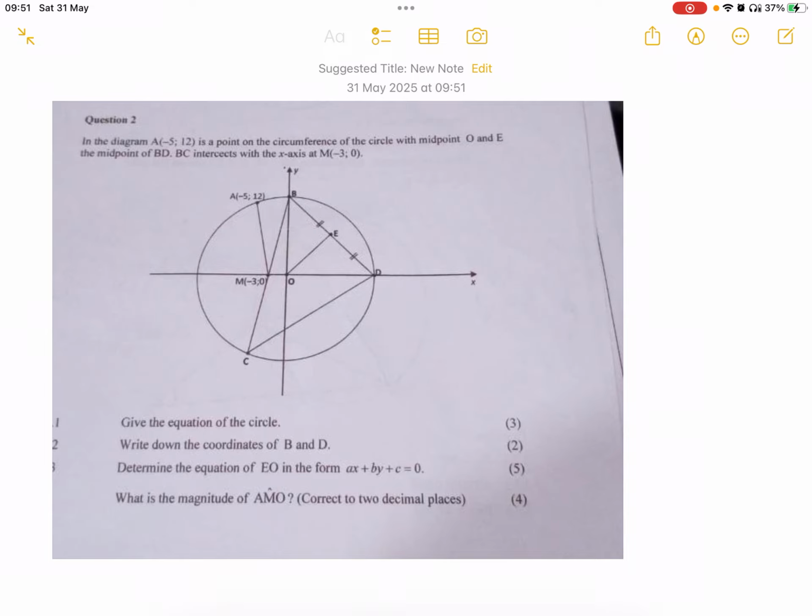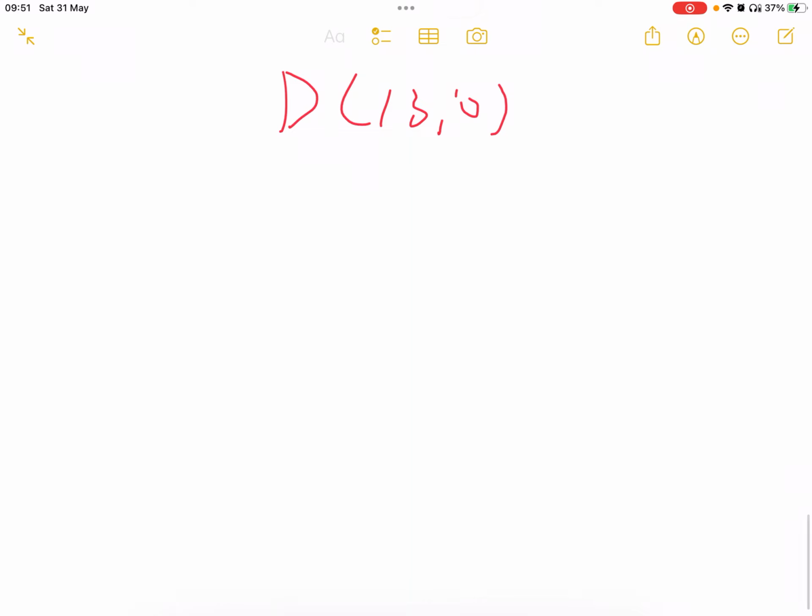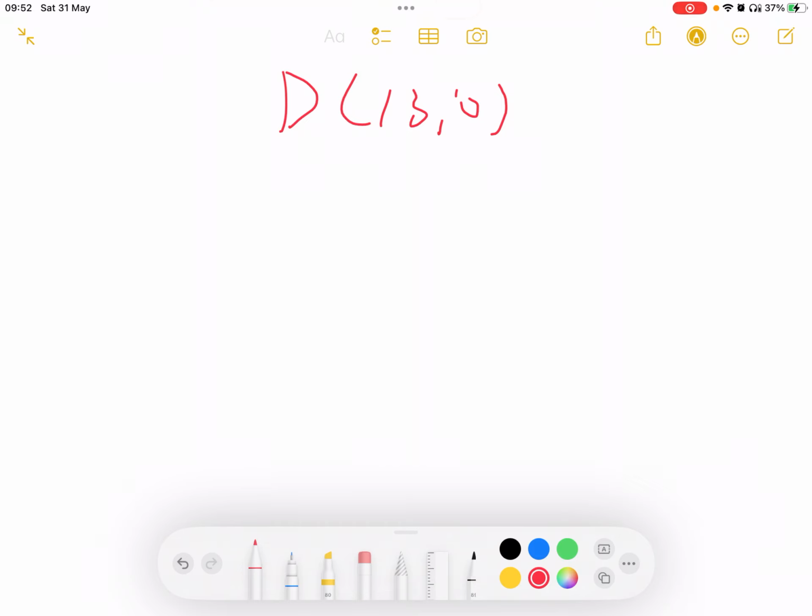So, first thing to do here, question 2.3. Right, we see that BD is a line such that it's perpendicular to EO.